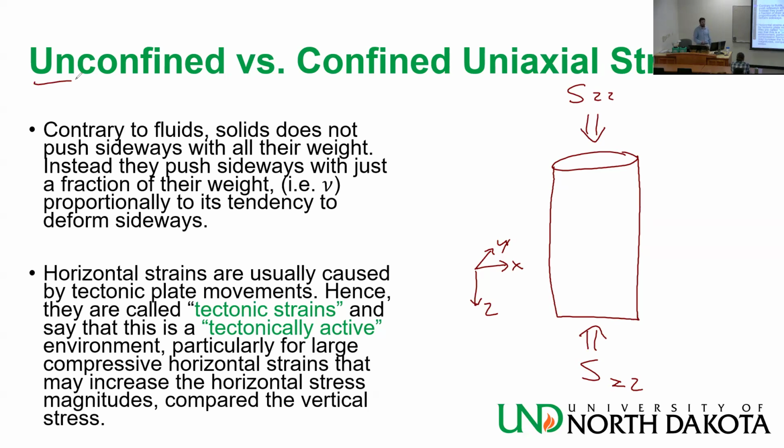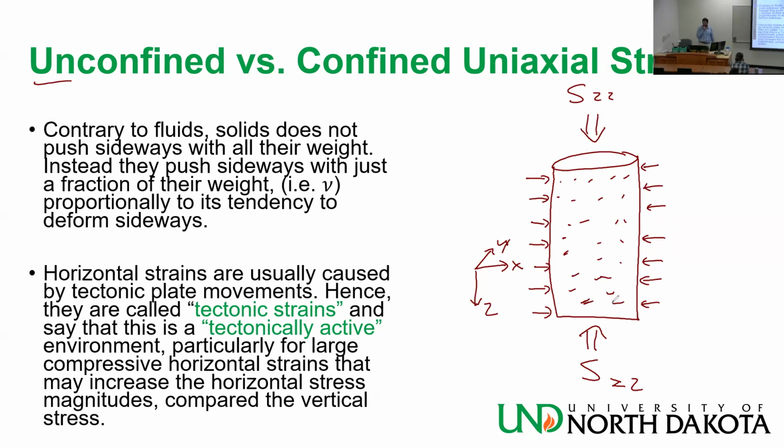Now, what if I have a vessel, special design vessel, and I'm able to have water around the sample? And I apply stress all around, not only on the side, like back and forth as well.